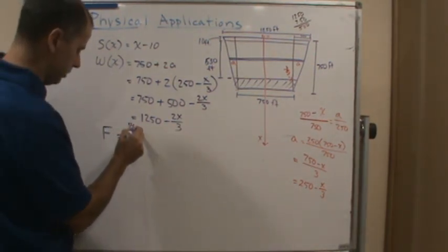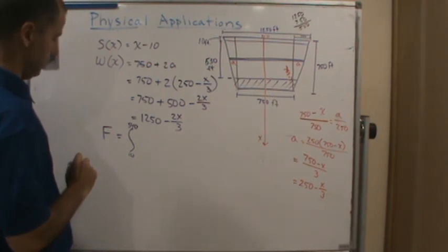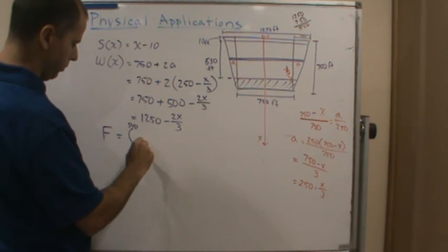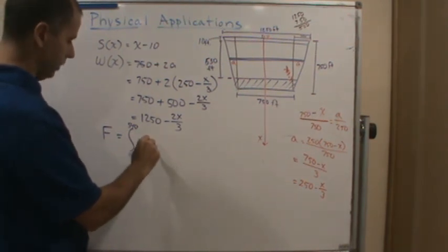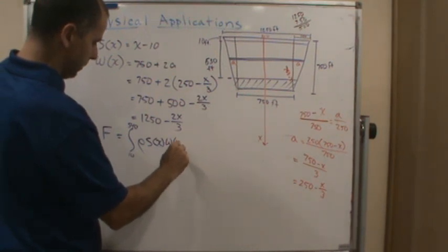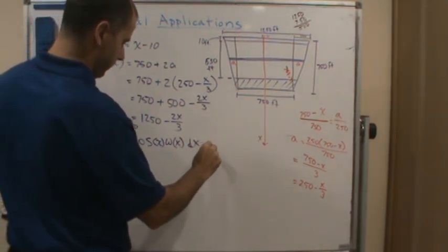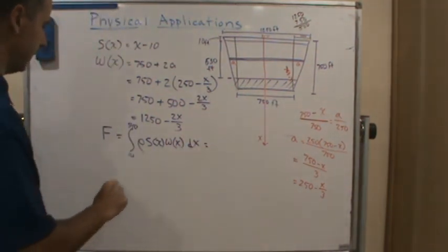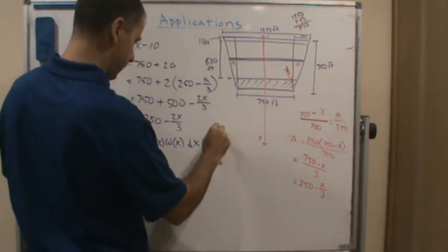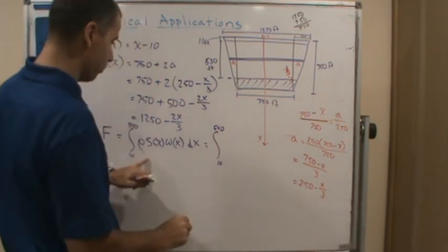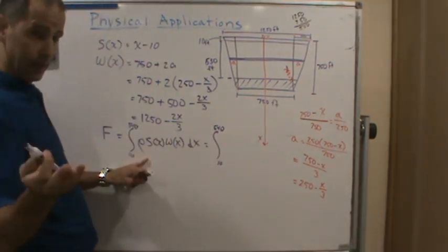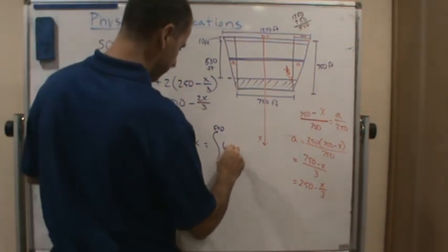Okay, so now, let's put it together. We've got our rho, which is the weight density of water. We've got S of x times W of x dx. And so now let's plug it in. This means that we're going to do the integral from 10 to 540. And rho, the weight density of water with feet, is going to be 62.4.